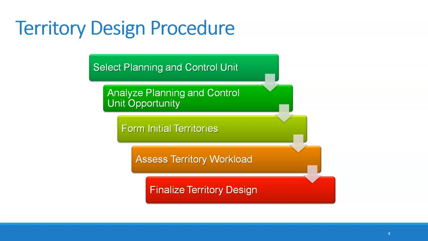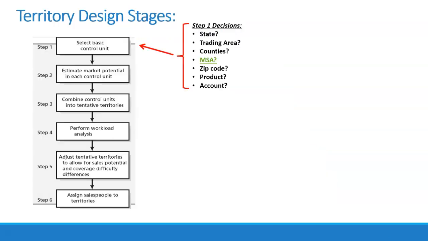I pulled different things from different textbooks, and I think the next one says the same thing, but in a little better way. As mentioned, you want to select your control unit. So the areas that you can make a decision in are these listed, whether it's state, trading area, counties, etc.